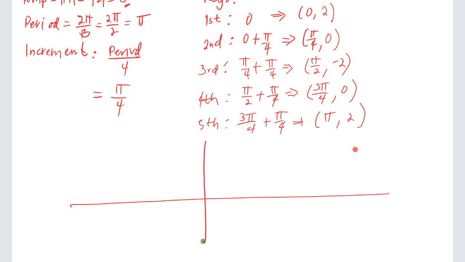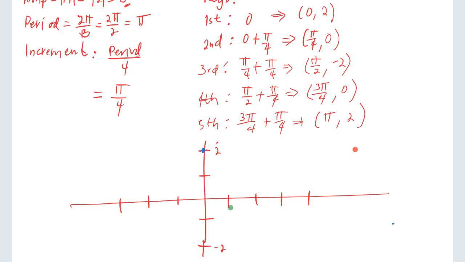Okay, I'll begin graphing the cosine function first. We have 0, 0, 2. Hold on, let me go ahead and label this.